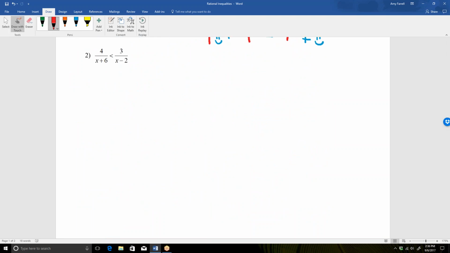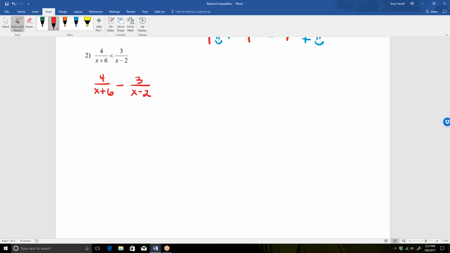What makes number 2 difficult is I don't have a 0 on one side of the inequality. And if I'm going to find the numbers at which this inequality could change sign, I need a 0 on one side of the inequality. So what I'm going to do is subtract 3/(x - 2) from both sides.